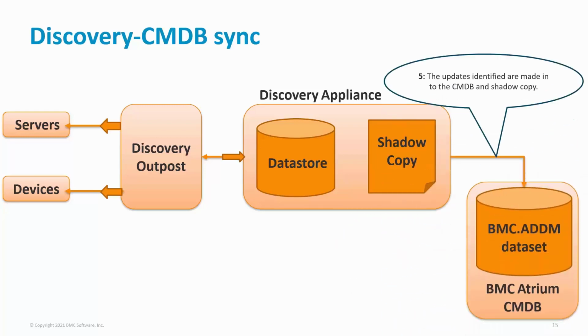If any changes are identified after comparing with shadow copy, the updates are made in batches to the CMDB. Once an update has been made to the CMDB, it is also made to the local shadow copy so that it has updated subgraph of the CI for any future sync.